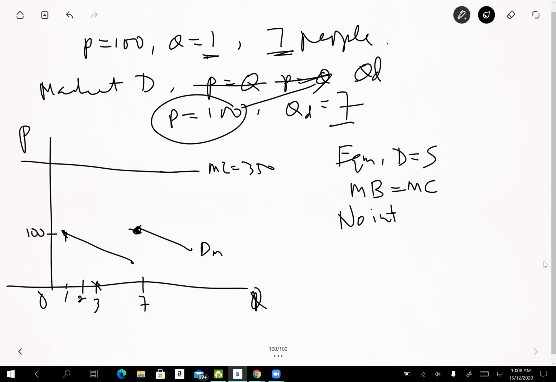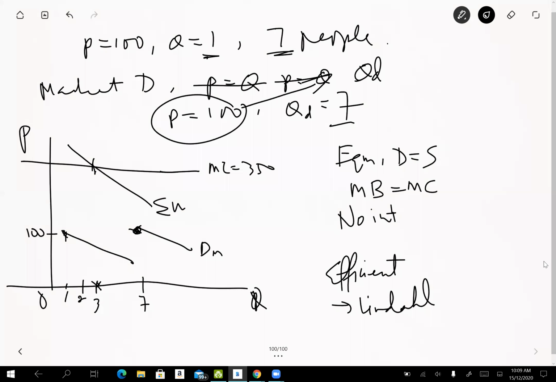Now, when you say efficient, that means it's the Lindahl model, where we pay at the equilibrium quantity the marginal benefit. So if that is the case, then at 3 you go up there, that's the equilibrium point. So that is our market demand function for the good. And that is the equilibrium.